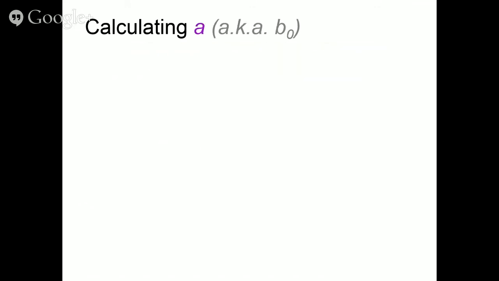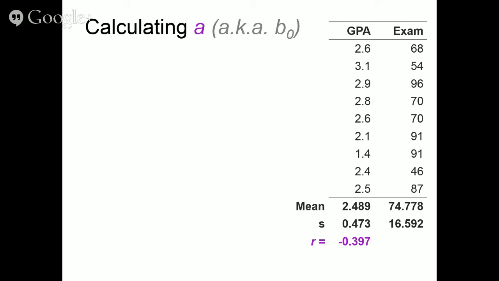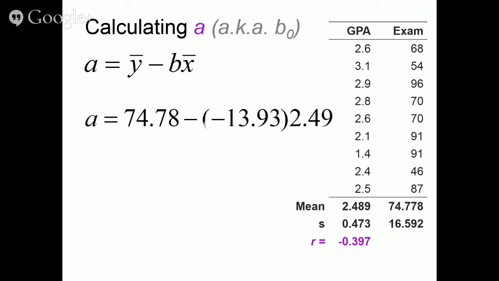So back to our example. Here's your data. Now you're going to look at the mean lines. Plugging in the values that we need, it's going to be 74.778, which is the mean of y.